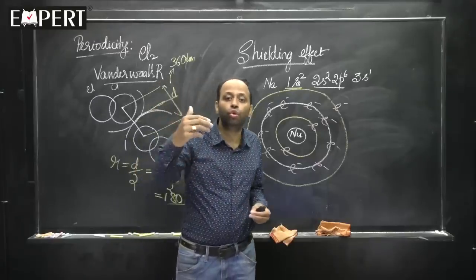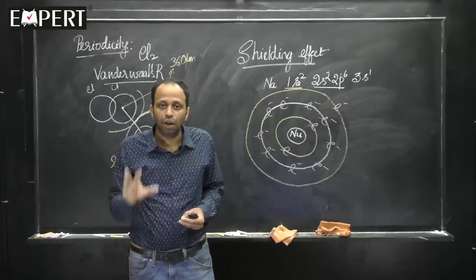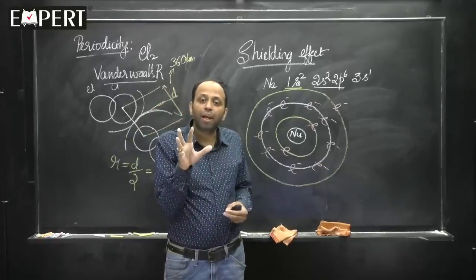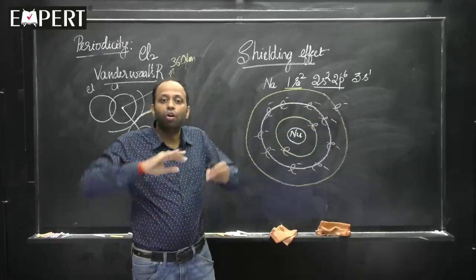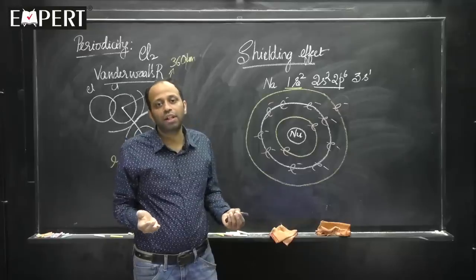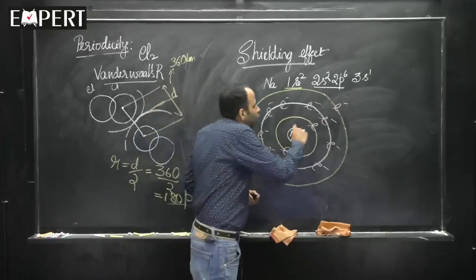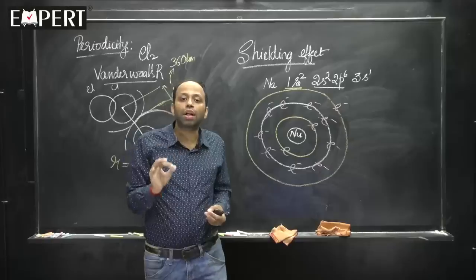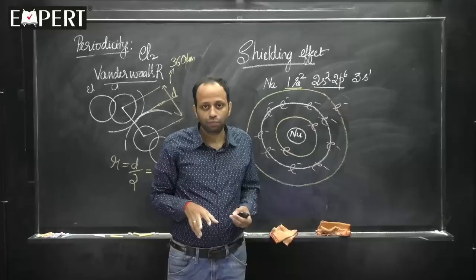Because there is not much control on you. The same thing goes here. The nucleus will not be able to control the outermost electron because of the shielding of the inner electrons. Okay? It shields it. So, the outermost electron will not experience the full force of attraction. Okay?